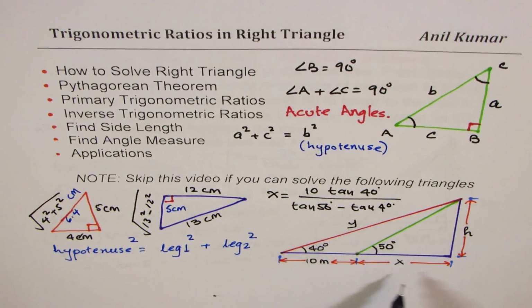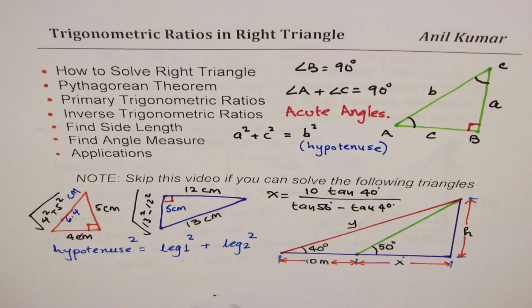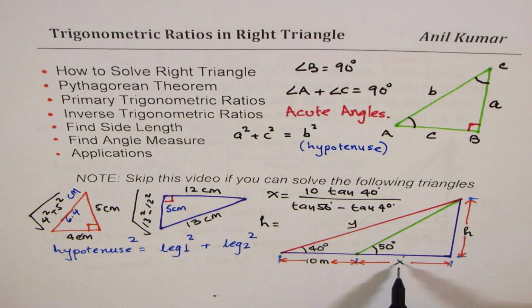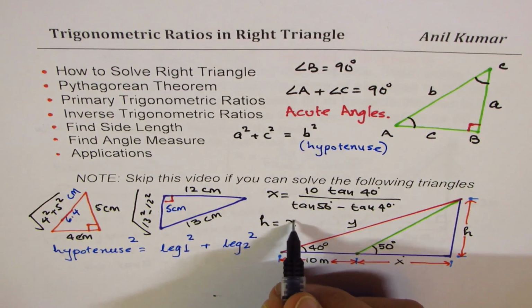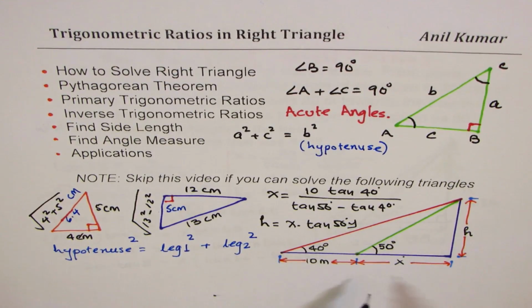Is that clear? And once you find x, then you know what the height is, correct? So height h will be equal to x times tan of 50 degrees. Is that clear? I'd like you to solve this question on your own independently.